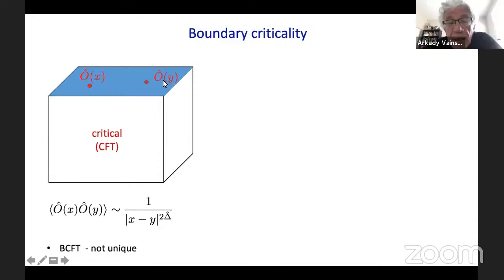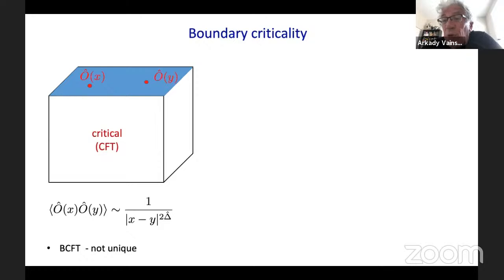I understand this, but I can imagine that, for example, boundary conditions are fixed. It implies that there is some freedom, some degrees of freedom living on the boundary, right?